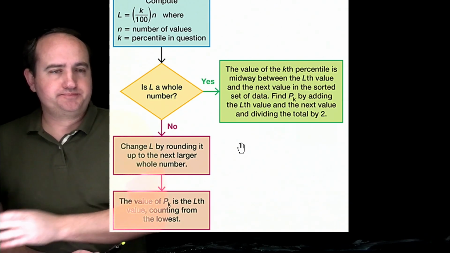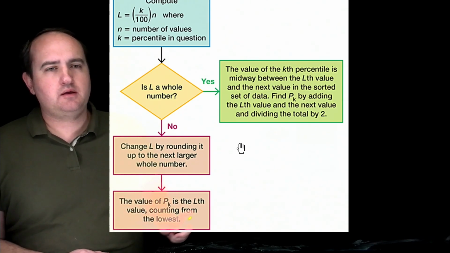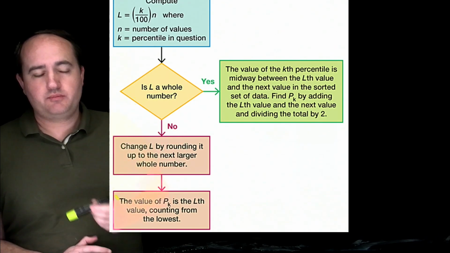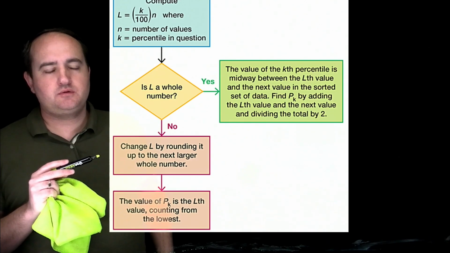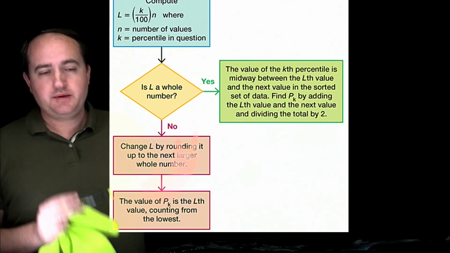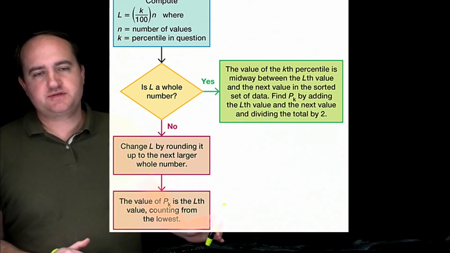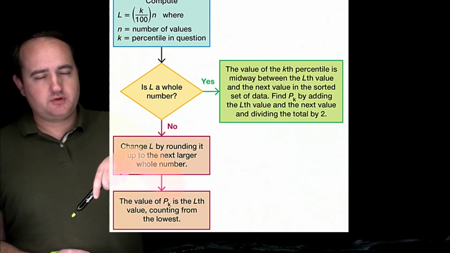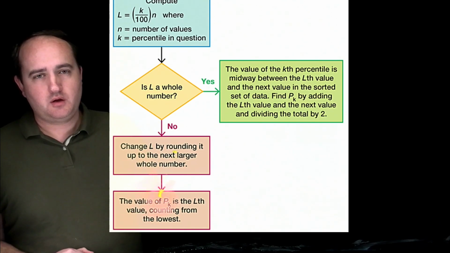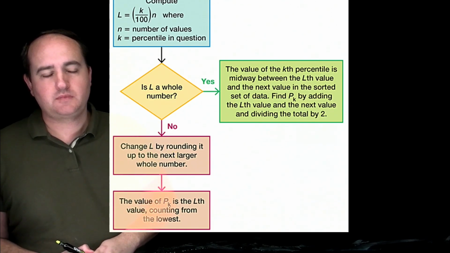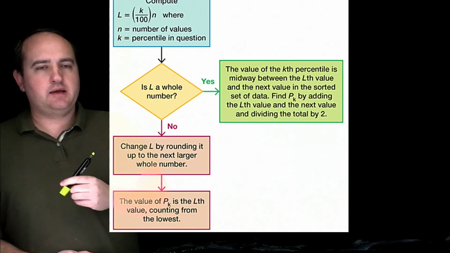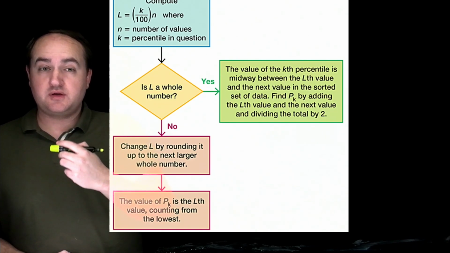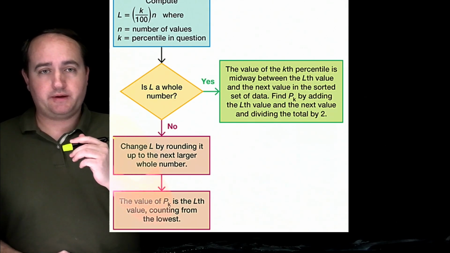If L, the locator, is not a whole number, then we need to round it up, and our percentile is just the whole number above our decimal. When you're dealing with a locator and you get a decimal, you always round up.